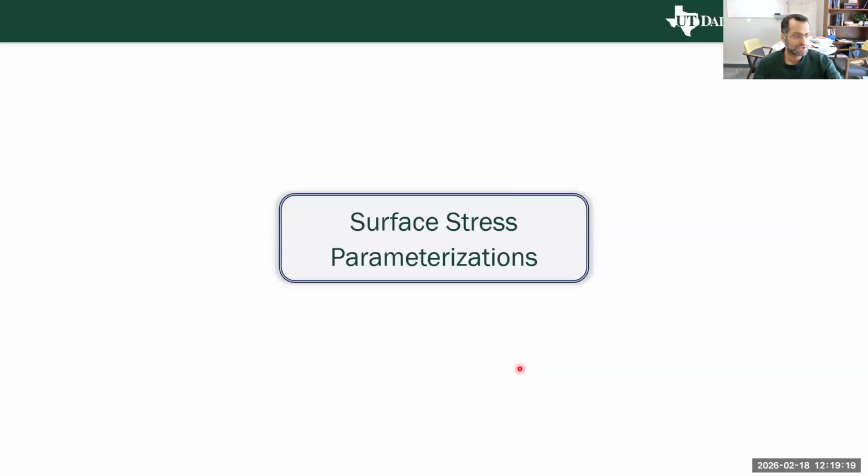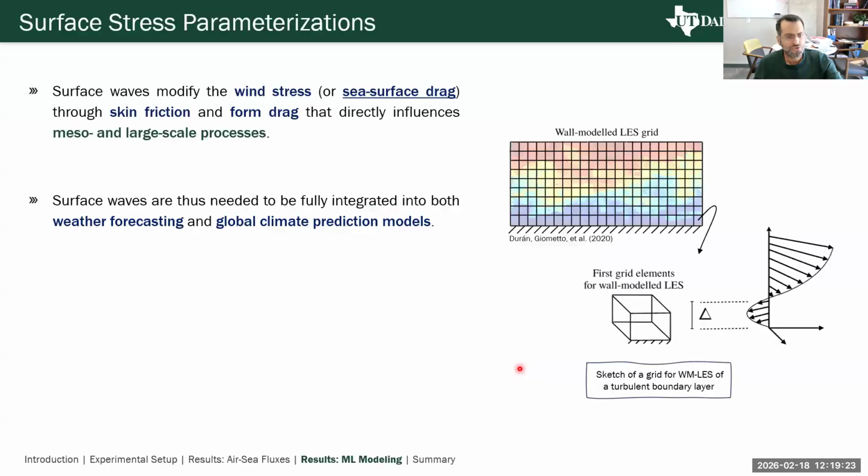And that's where machine learning comes into play for us. So there are two main components of the stress at the surface of the ocean. One is called skin friction drag, and the other is called form drag. The skin friction drag is just as the wind slides on top of the wave, it causes some friction, and that will cause some drag force.